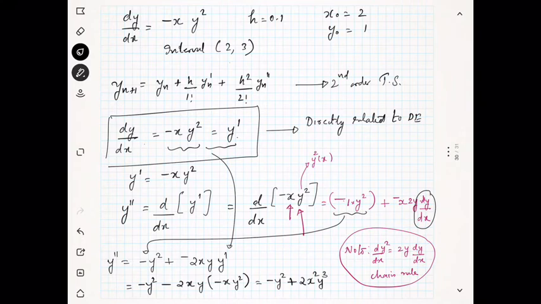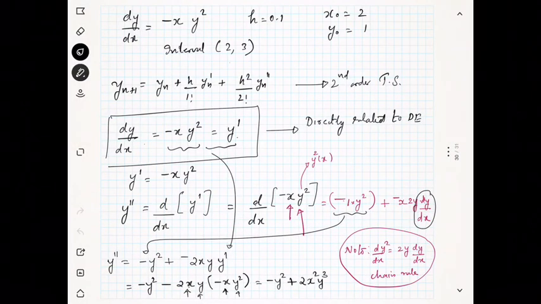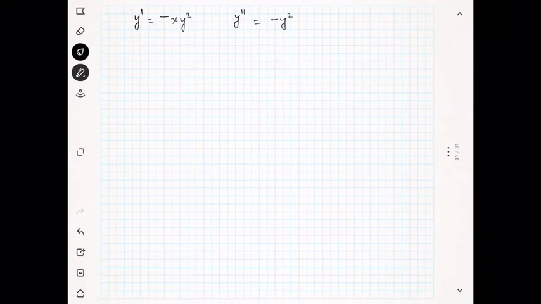y cube, right? You can see this is x and this is x, so it is x square, and this is y, and y square becomes y cube. So you got it. Now you got what is y dash. Y dash is nothing but minus x into y square, and you know y double dash is nothing but minus y square plus 2x square minus y square plus 2x square into y cube.